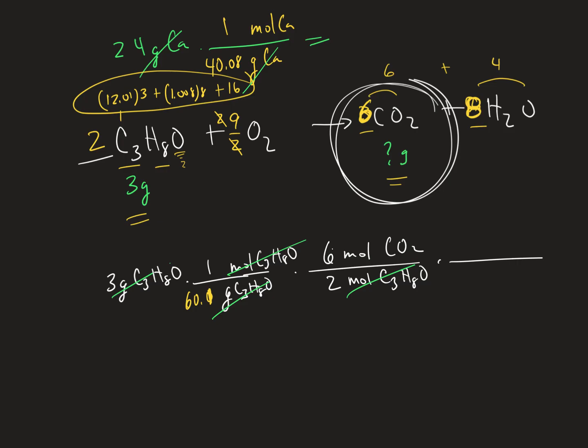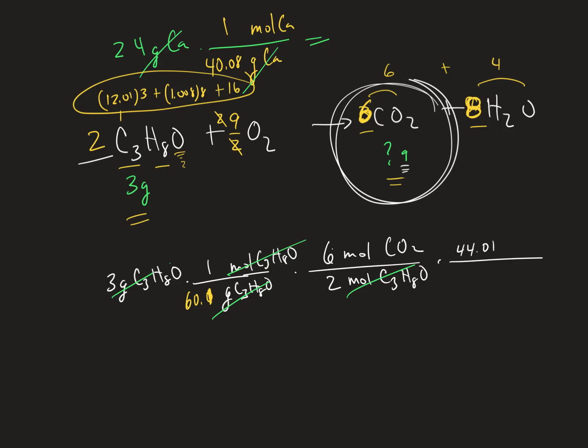How do we go from moles to what we're looking for? Grams. Molar mass, right? The molar mass of carbon dioxide is 44.01. Y'all with me? 12 for the carbon, 16 times 2 for the oxygens.